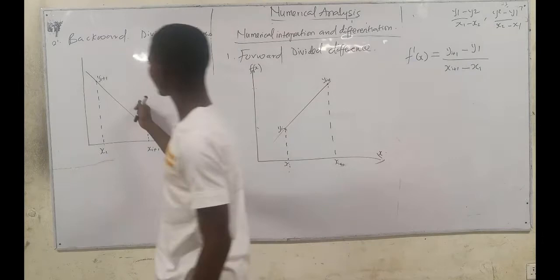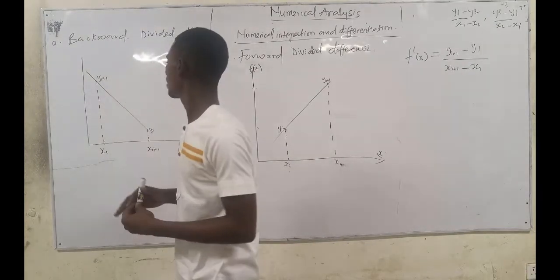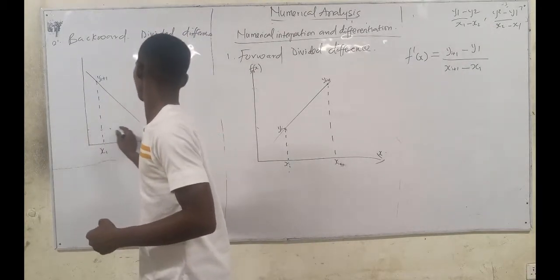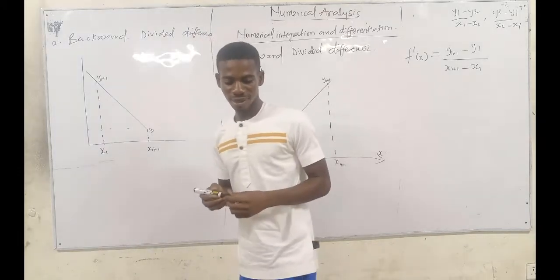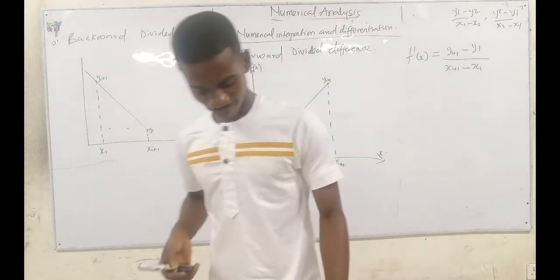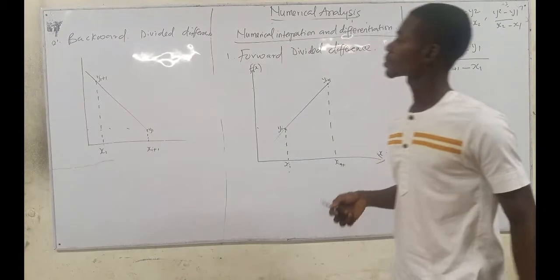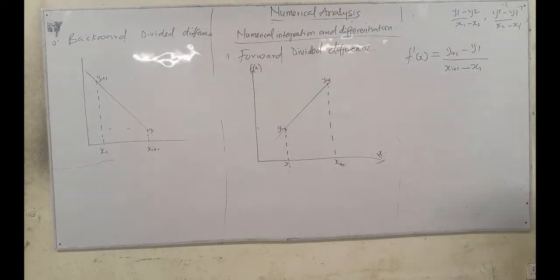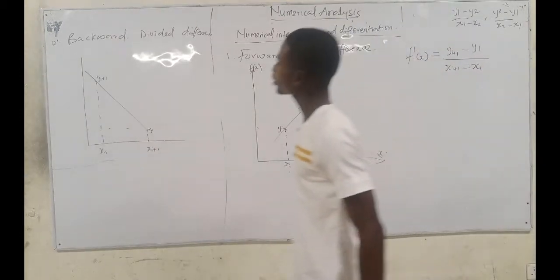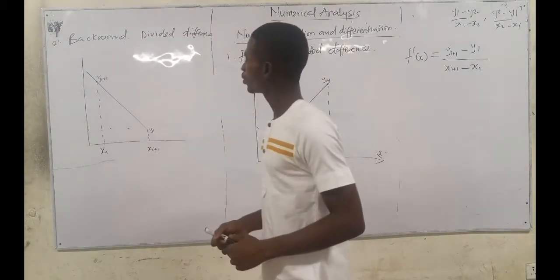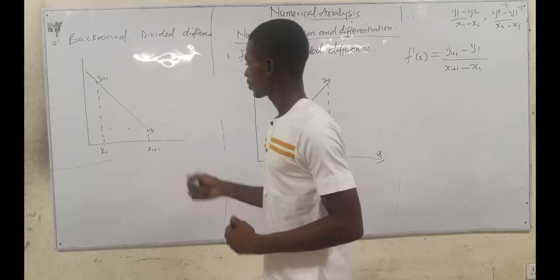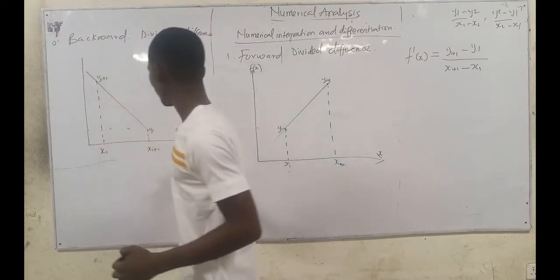So to find the gradient of this line, it will be what? Yeah, what will be the gradient now? It will be this one and that. Is that not it? Yeah.